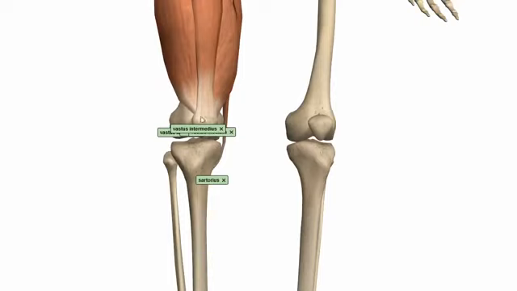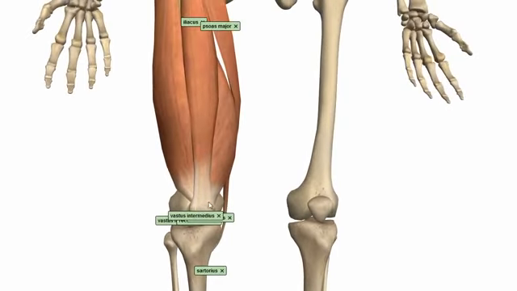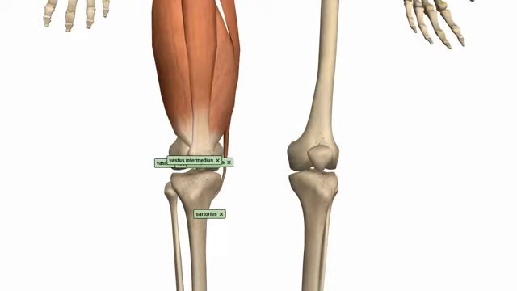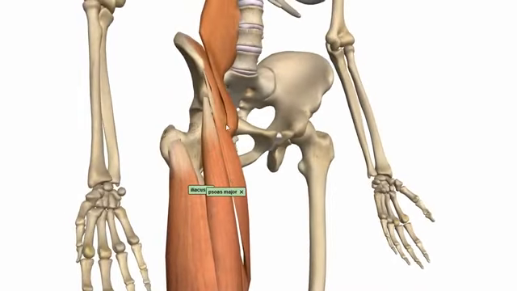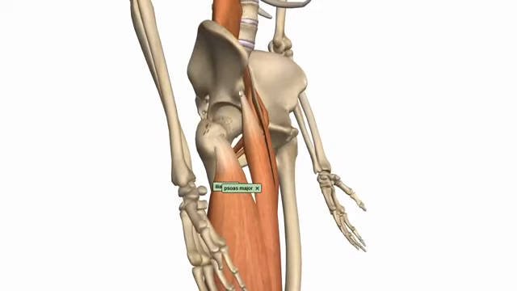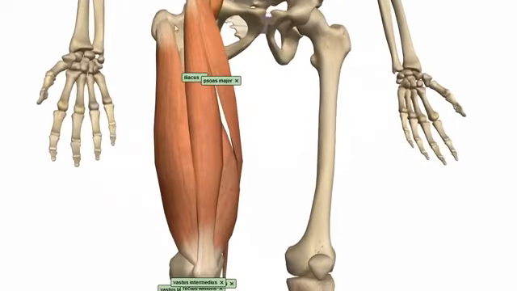The quadriceps femoris tendon is this common insertion onto the patella bone, and the patella is attached to the tibia via the patellar ligament. Because the rectus femoris originates on the pelvis, it flexes the thigh at the hip, whereas the vastus muscles don't do that because they originate on the femur.